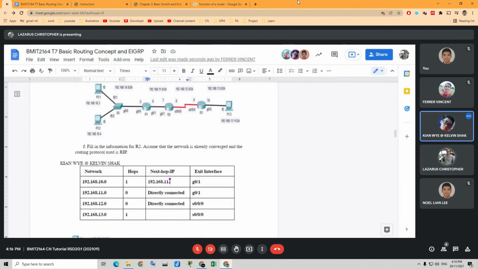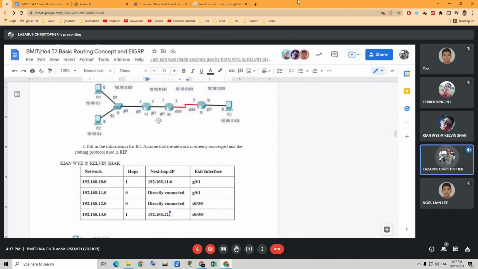Why 6? Because that's the next hop IP that you are looking at. The number there is .6. And the exit interface, yeah, correct. G0/1 this side. Anything going to this side, the exit is G0/1.